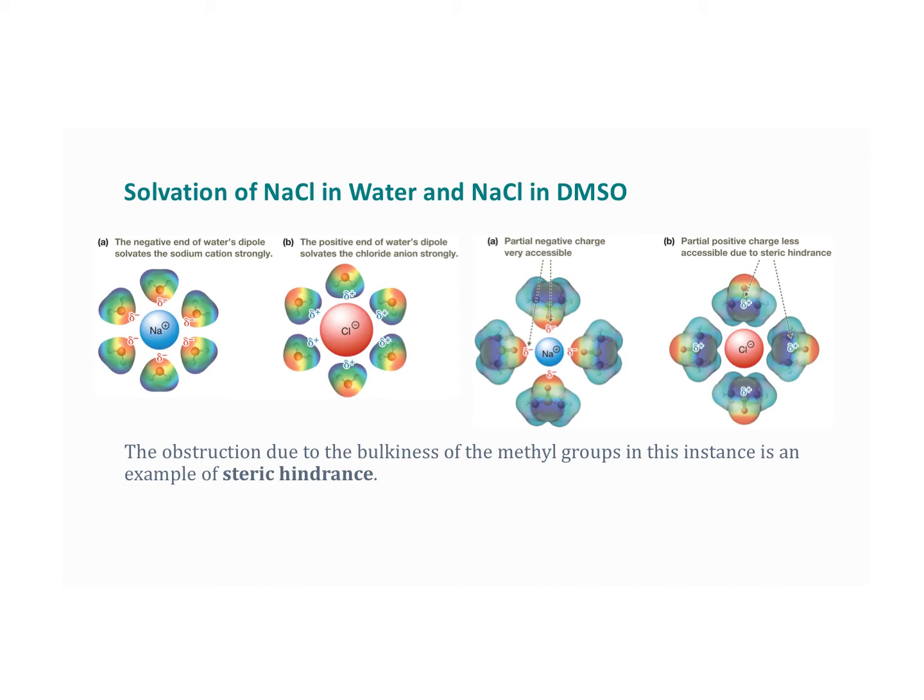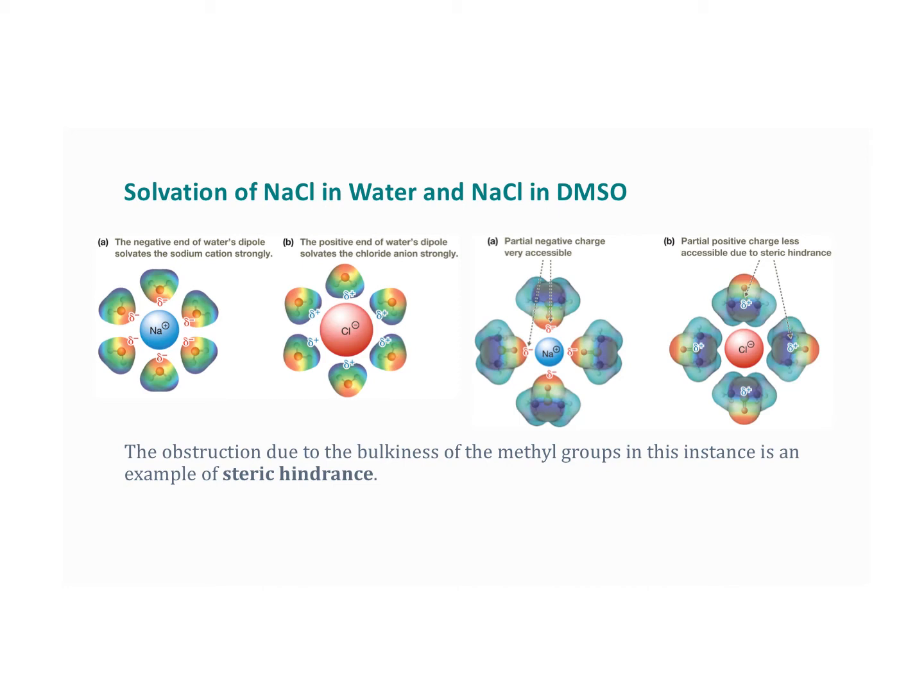Whenever we run into something in organic chemistry where bulkiness prevents a reaction, that's called steric hindrance. This isn't a chemical reaction, but due to size, we don't get as good a solvation. So there can't be as many ion-dipole interactions, and not as much sodium chloride can dissolve.